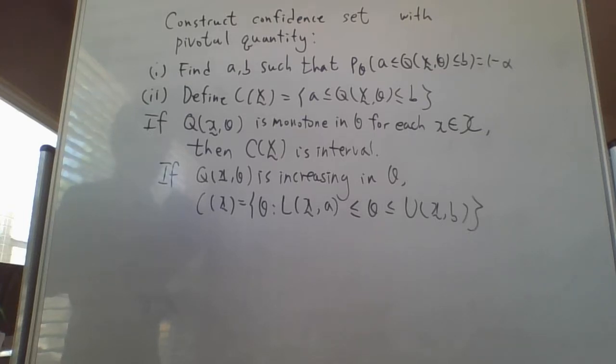So the lower bound is a function of A and x, and the upper bound is a function of x and B, if Q(x, theta) is increasing in theta.